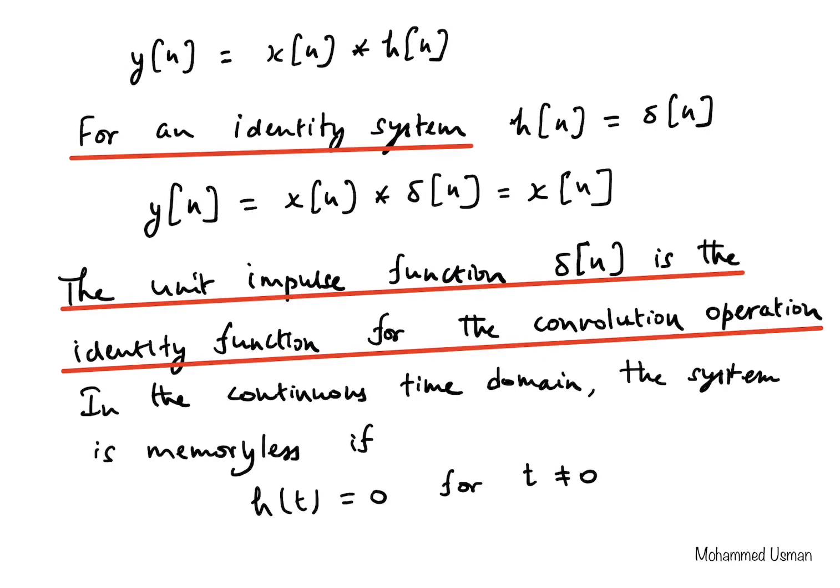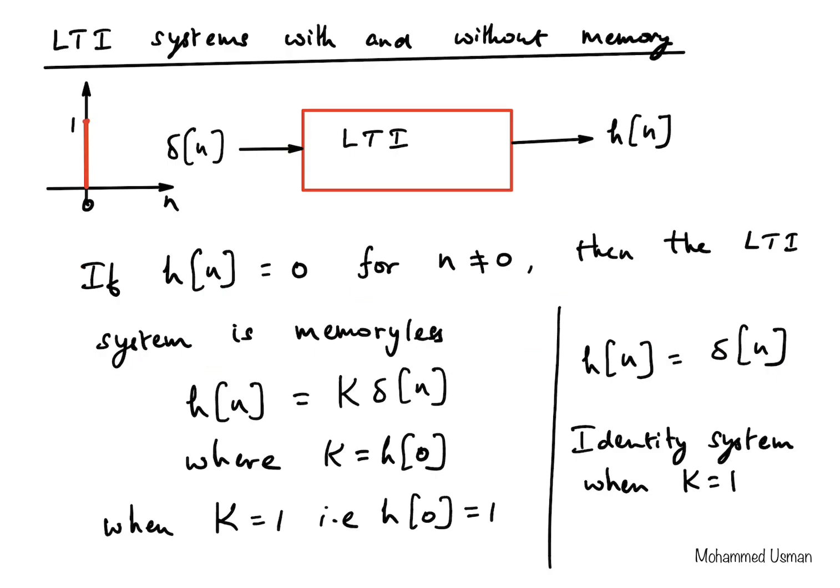So we have seen this property, which allows us to identify whether the LTI system is a memoryless system or a system with memory. If it is memoryless, h of n should be 0 for n not equal to 0, or h of t should be 0 for t not equal to 0 if it's a continuous time system. Only then is it a memoryless system.